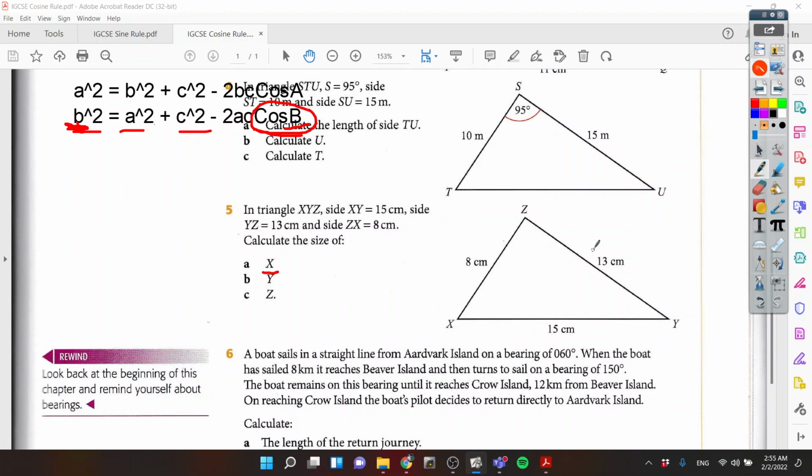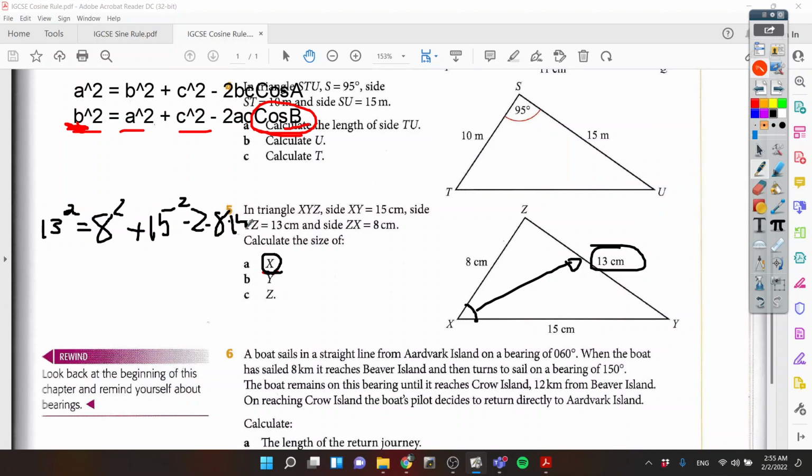Side X is 13, so I've got 13 squared, and it's because I want angle X, so I'm looking and starting at side X. 13 squared equals the other 2 sides, side squared plus side squared, so that's 8 squared plus 15 squared minus 2 times 8 times 15, that's a minus, times the cosine, I know this is hard to read, sorry, of angle X. And the key is that's the piece we don't know.